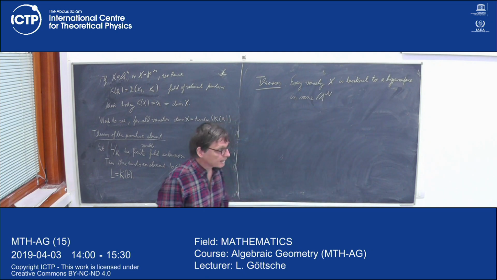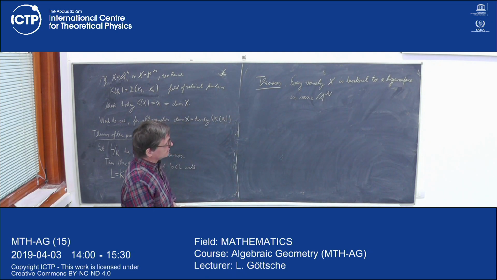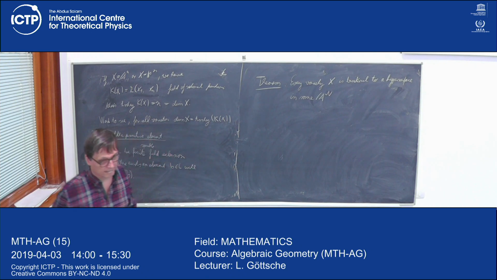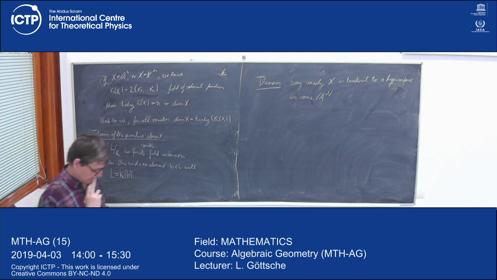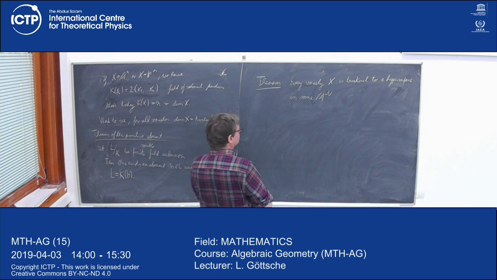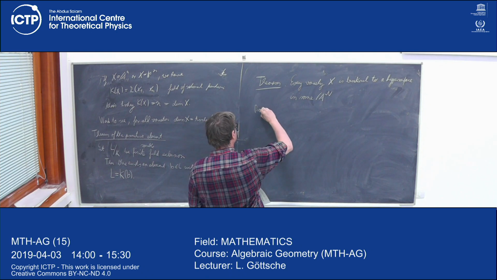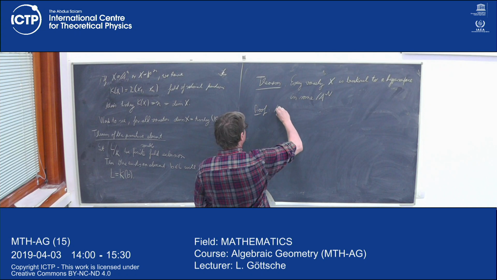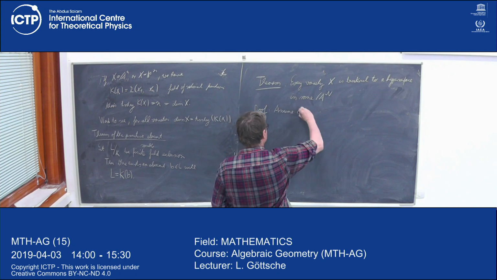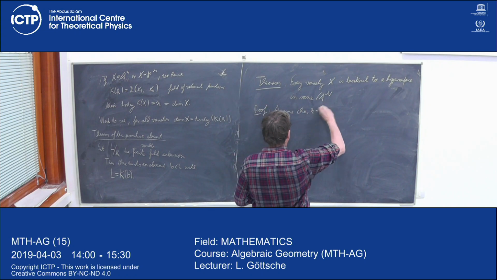But now we know that, okay, for the moment we have that. Proof: we assume the characteristic of K is 0 for simplicity.